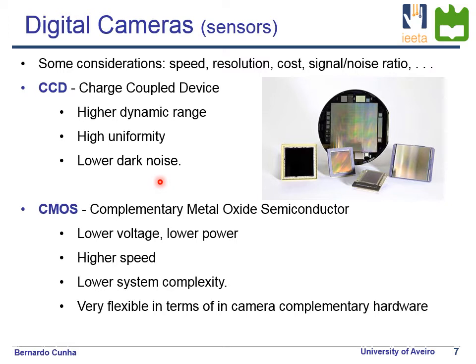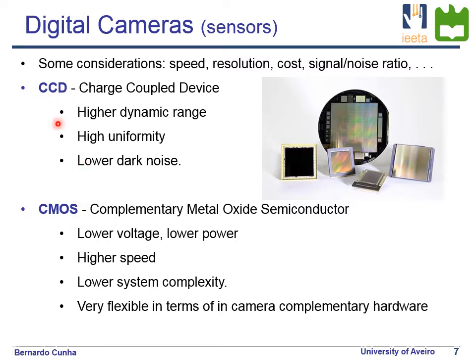The considerations when it comes to selecting one or the other solution have to do with aspects such as speed, resolution, cost, final cost of the product, of course, signal to noise ratio, and other factors. We can look here in a very specific way at some of the advantages of the CCD technology and some of the advantages of the CMOS technology.